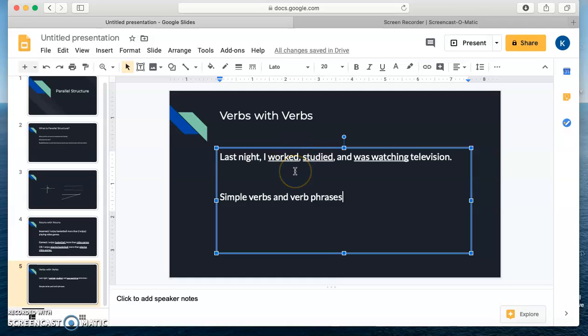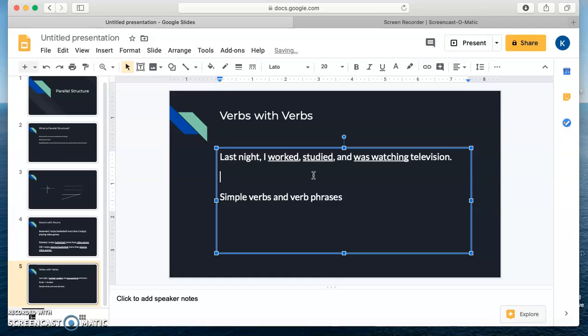We just added ed to it. We're good to go. Studied is the same way. We have our root word of study, and then to make it past tense, of course, we drop the y, add an i, and then an ed, and so it becomes studied. But by all means, it is a simple past tense verb.